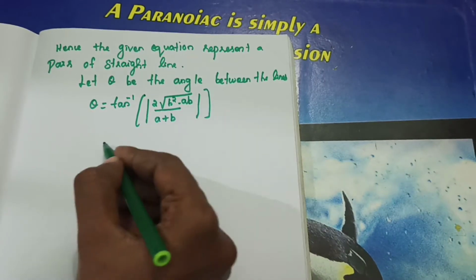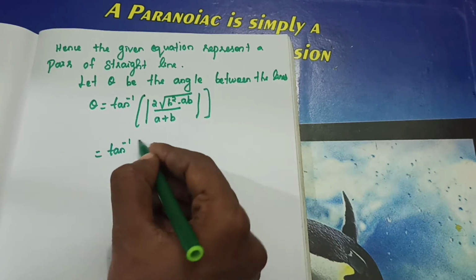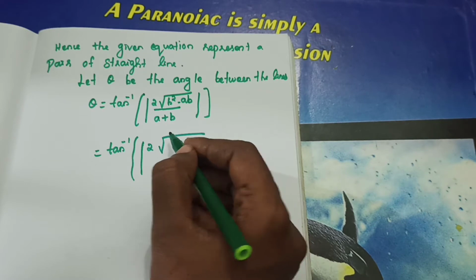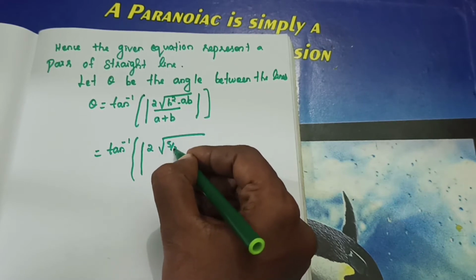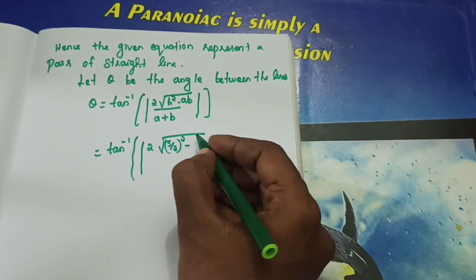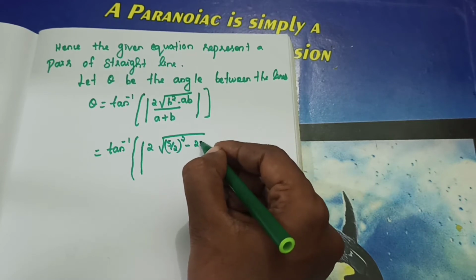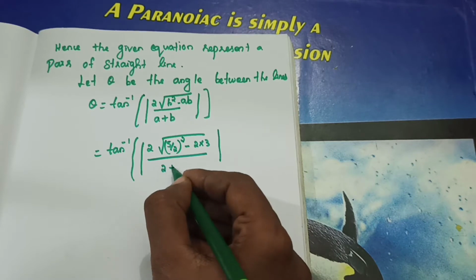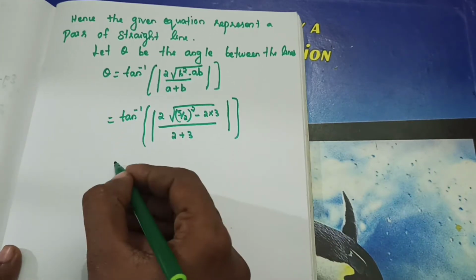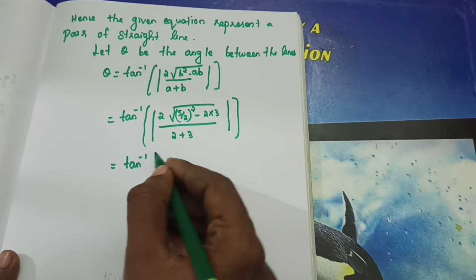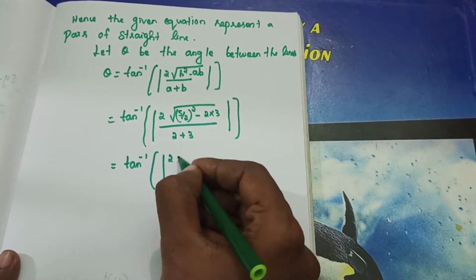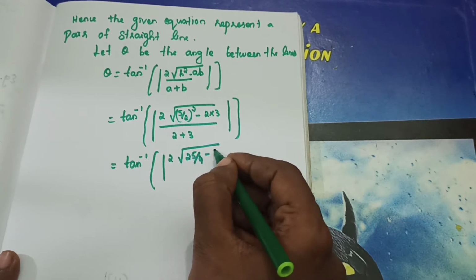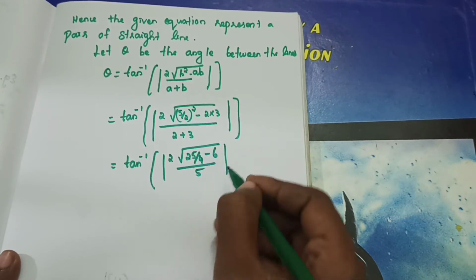modulus closed, equal to tan inverse of, carefully, 2 into square root of h square value. So 5 by 2 is the h value, so h square minus a value 2, b value 3. So 2 into 3, modulus closed, divided by a plus b, 2 plus 3. That's equal to tan inverse of 2 square root of 25 by 4 minus 6 divided by 5, close.